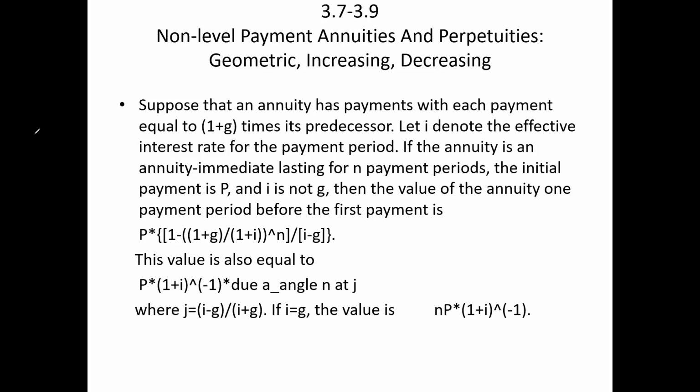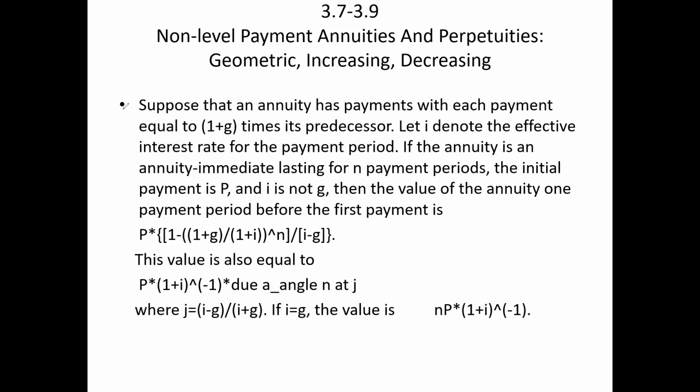Okay. The first one is a geometric progression. So suppose that an annuity has payments with each payment equal to 1 plus G times its predecessor. Let I be the effective rate for each time period, and assume that the annuity is an annuity immediate, lasting for n payments.